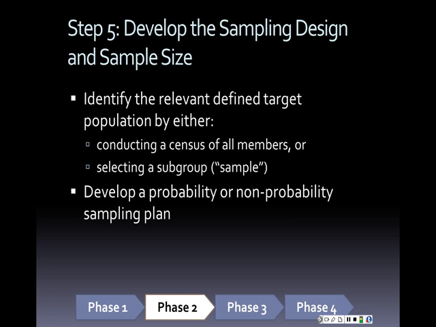Then there are different ways to sample. There are probability methods and there are non-probability methods. And again, we're going to be talking about that in much more detail later in the semester. A probability method means that you are going to sample people, for example, randomly, so that everyone has a chance of being pulled into the research.